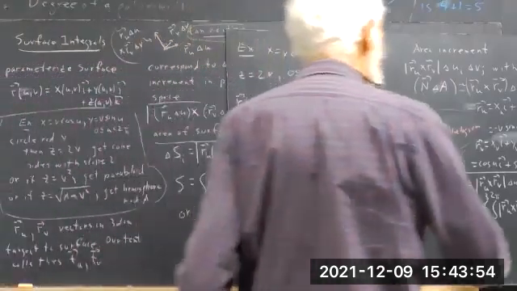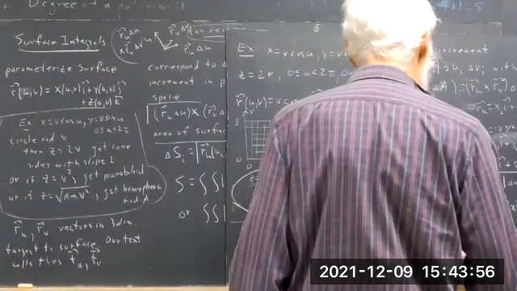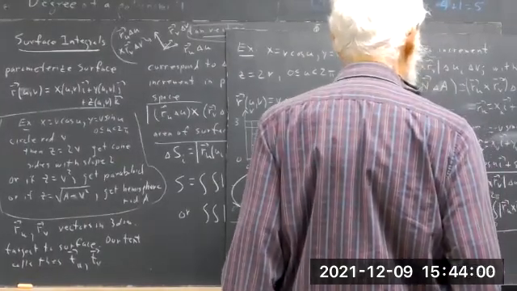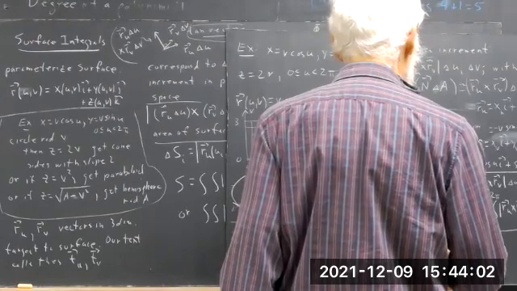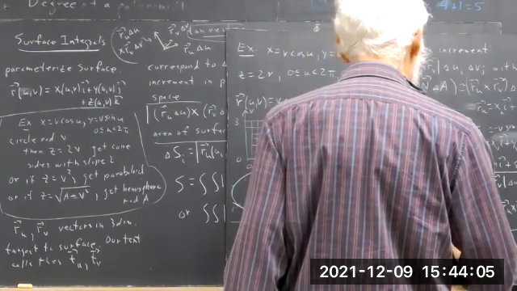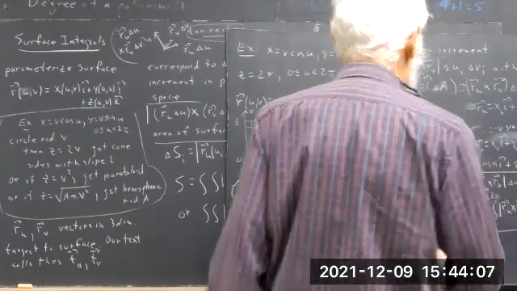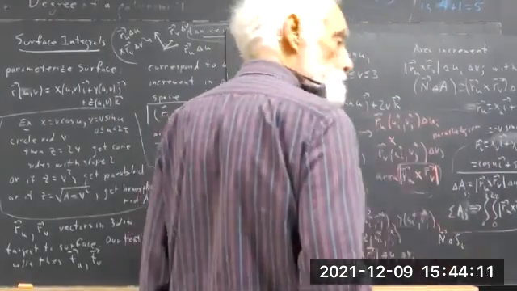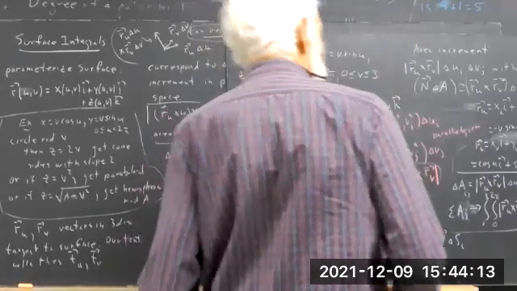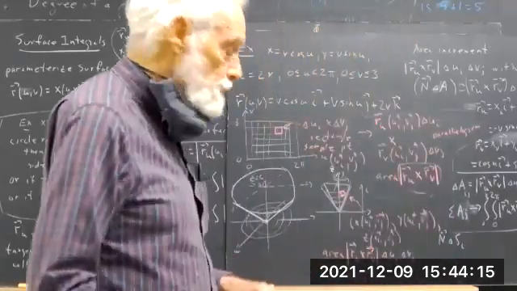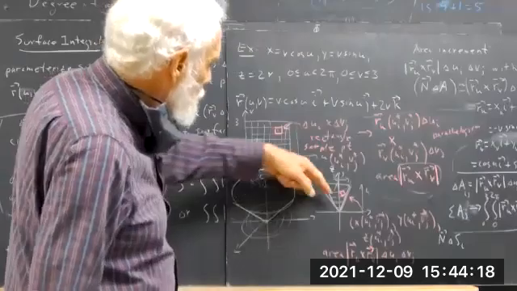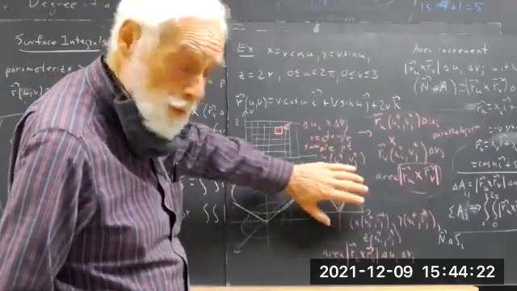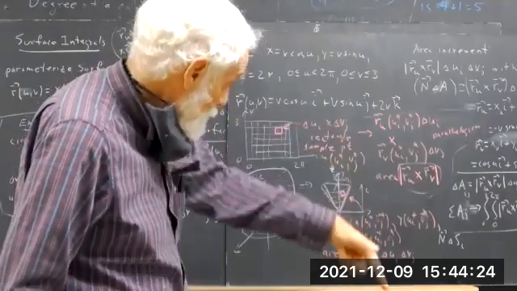Your normal times delta SI vector, and that's the normal vector. It's a vector perpendicular to this area increment on the cone, kind of down in this direction.